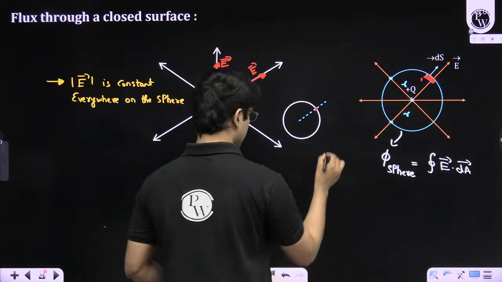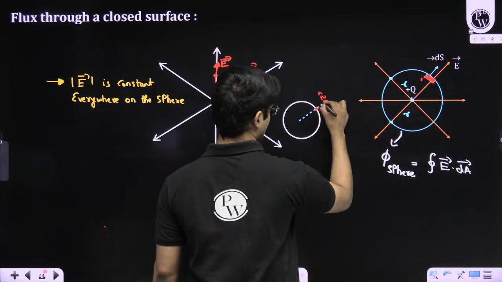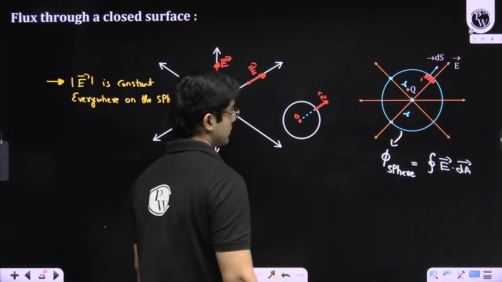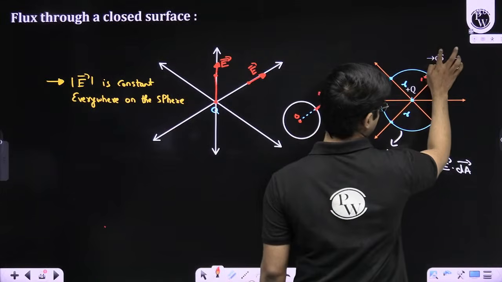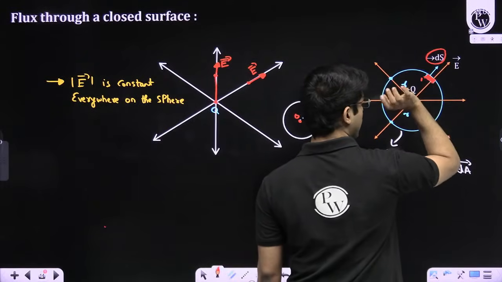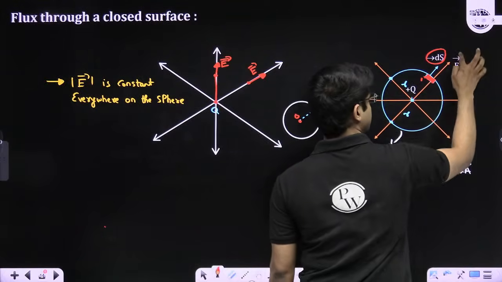The same property is also applicable to circles. The normal vector is along the radius itself, along the radial direction. Same is true here. So here the normal vector, which is also the area vector's direction, is radially outward.